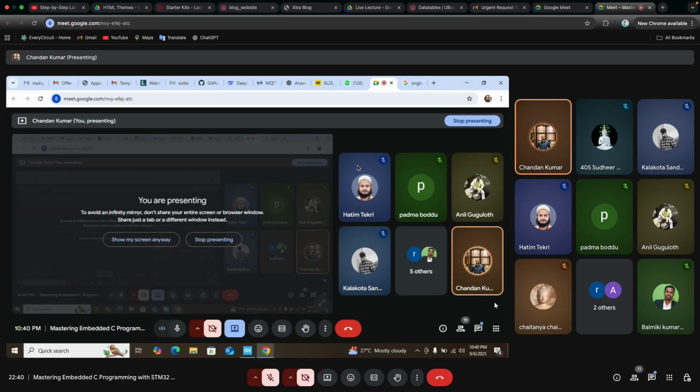For each byte, it will acknowledge whether the data has been received or not. For example, if I am sending HATIM, the first acknowledgement bit will get set only when it receives all the complete data, HATIM.